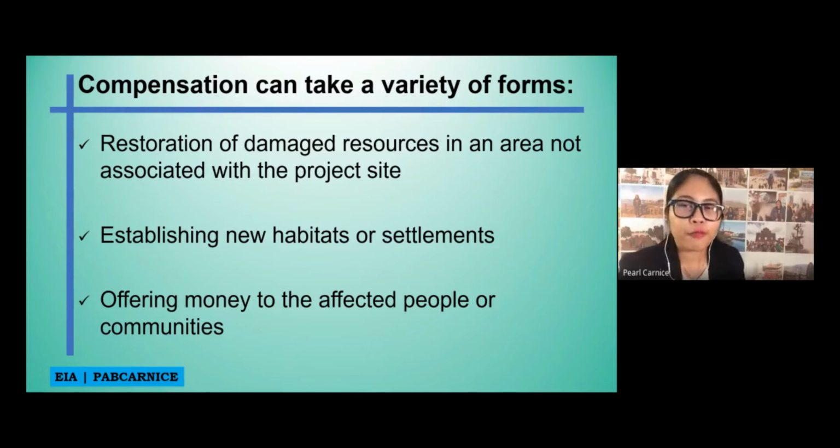So if you have to really push through with that road and you cannot reroute it, then the developer should provide resettlement. Yeah, that's the correct term. You should provide a resettlement area for those people that were affected by your construction site or road construction. And then another compensation is offering money to the affected people or communities.